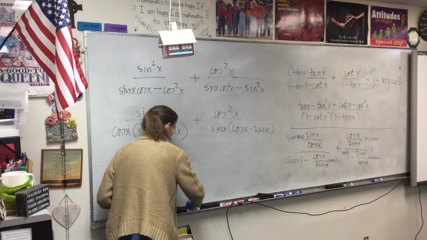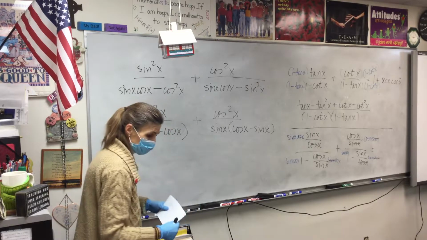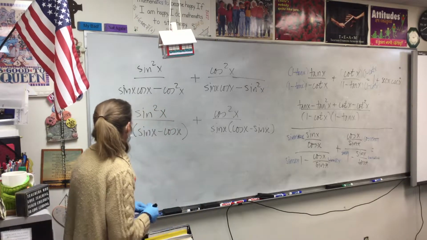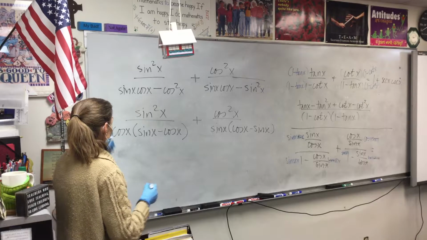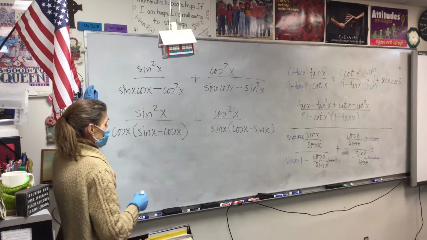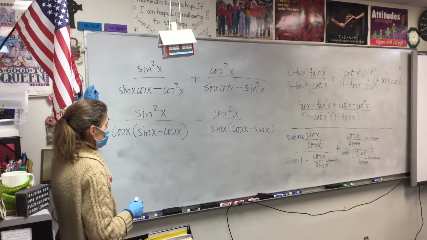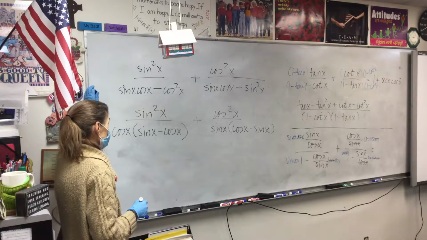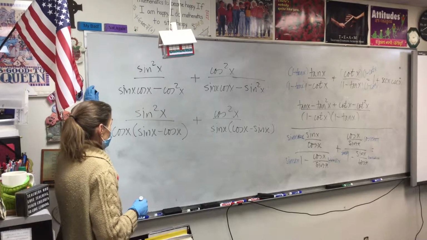Okay, this is way more than I expect you to be able to do, but let's finish it real quick. I'm just going to go through it real quick so you can see. This is going to involve something tricky, I think.